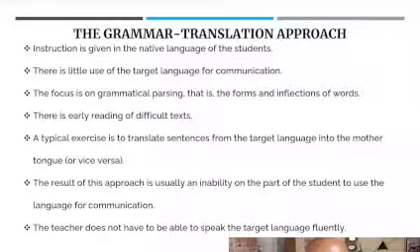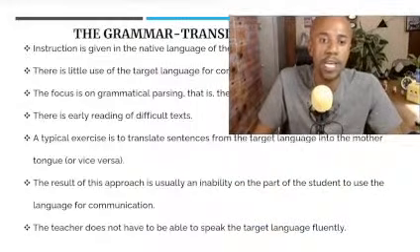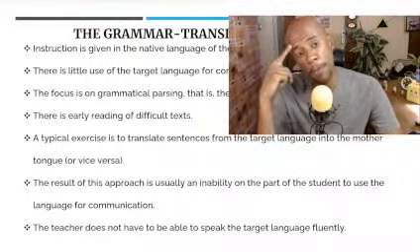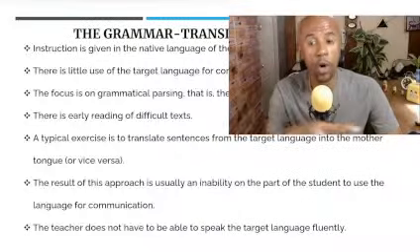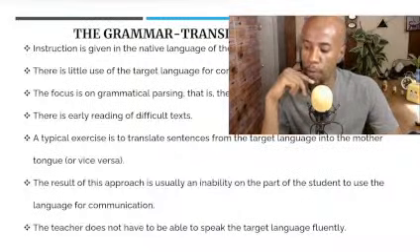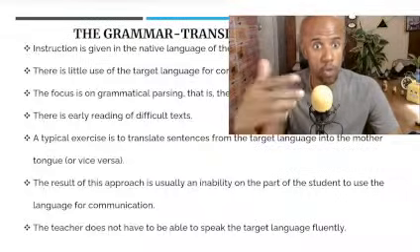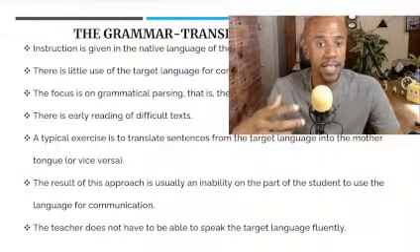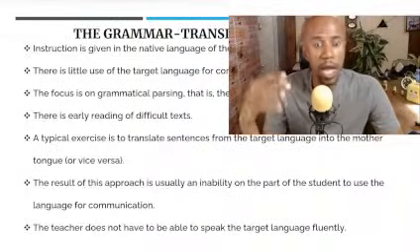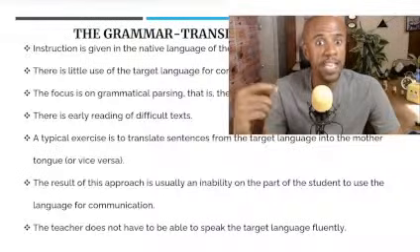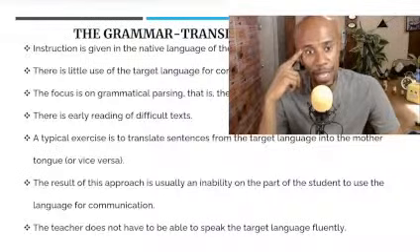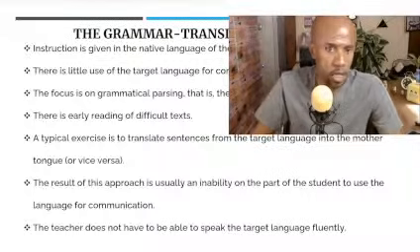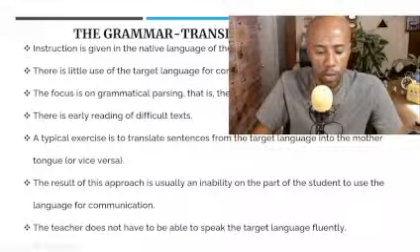Now, I think that this is a very important aspect of the grammar translation approach, because it is very different from what we are going to see later on with other approaches, and with the next method, which is the direct method, which defended and exclusively uses the target language, that is English, in case you are teaching or learning English, of course.